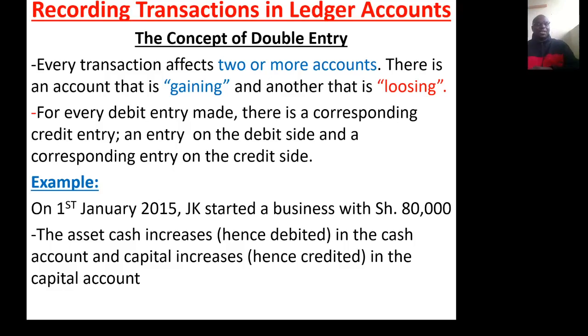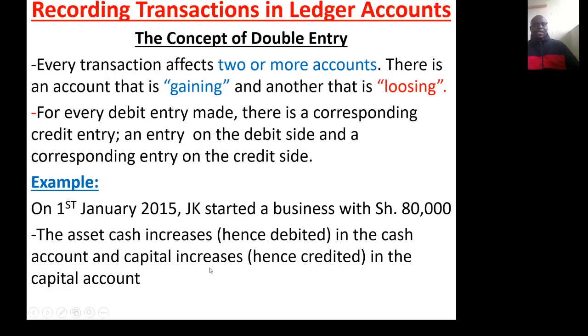The same happens to another account. If an account is to be entered on the credit side, the corresponding account will be entered on the debit side to complete the double entry, because there is value that is changing hands from one account to the other.